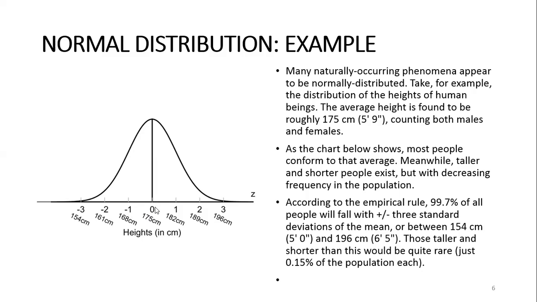Then I want you to observe something here. Now, when this normal distribution is drawn, you put these values, 175, how did you arrive at this 182? This tells us that the mean is 175.